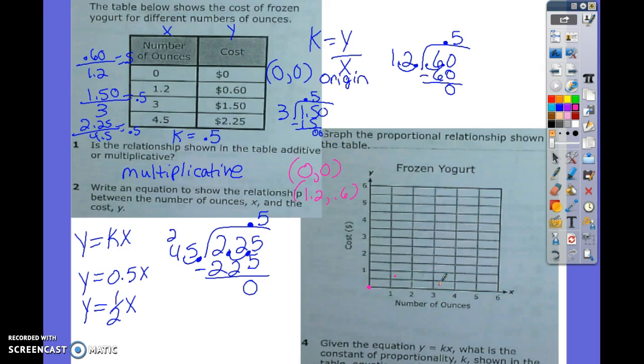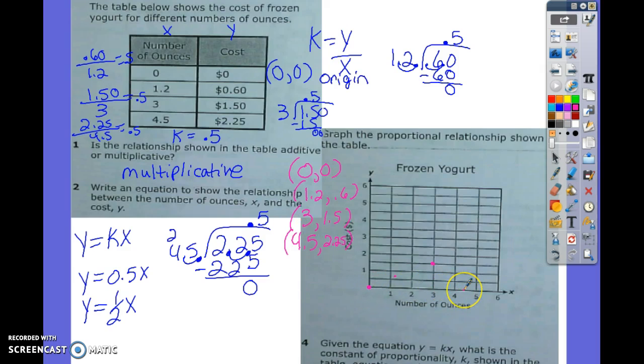Our next ordered pair is 3. When x is 3, y is 1.5. Start at 0, 0. We're going to go right 3 because x is 3. And then we're going to go up to 1.5. So here is 1.5. So our point will go right there. And our next ordered pair, when x is 4.5, y is 2.25. So we're going to always start at 0, 0, go over 4.